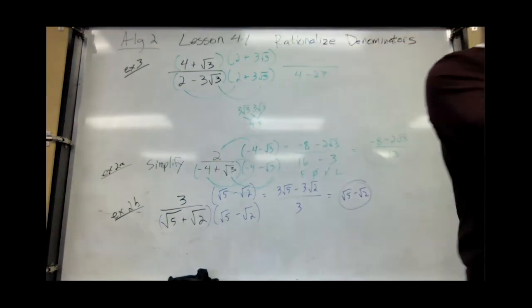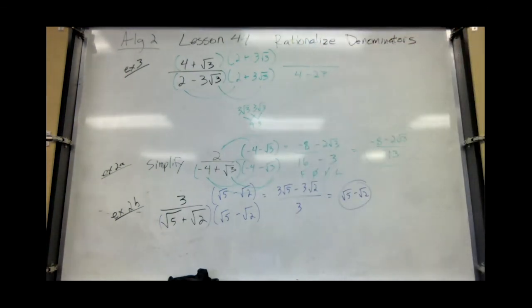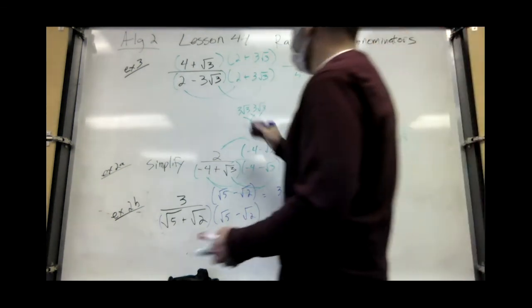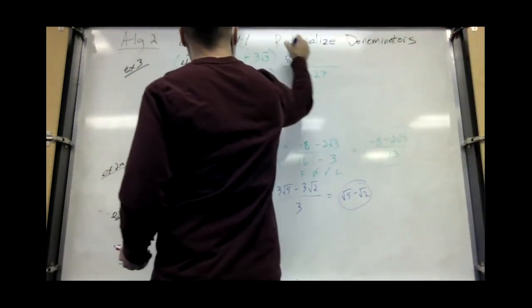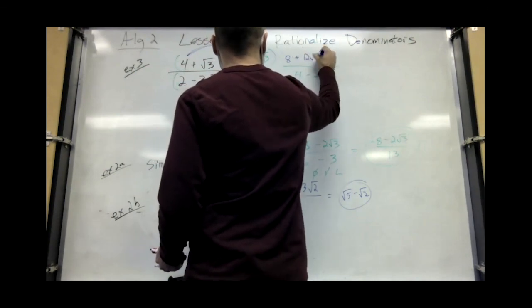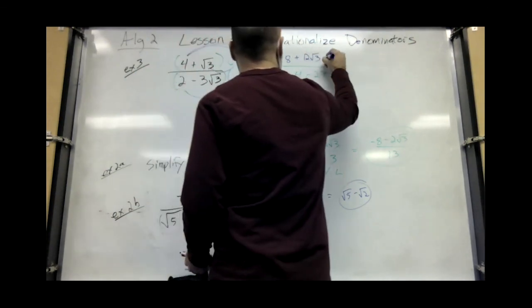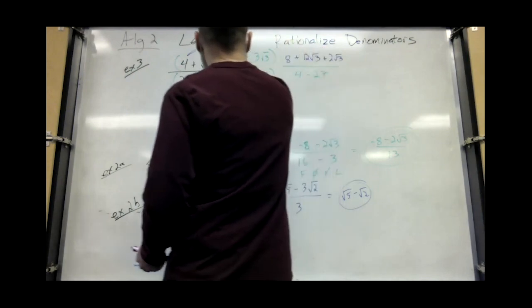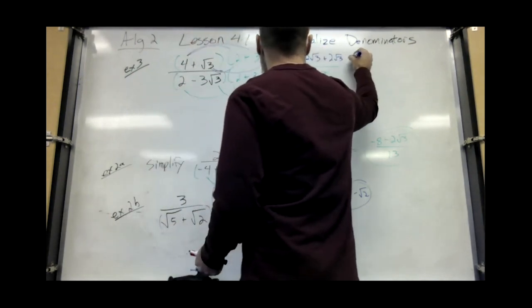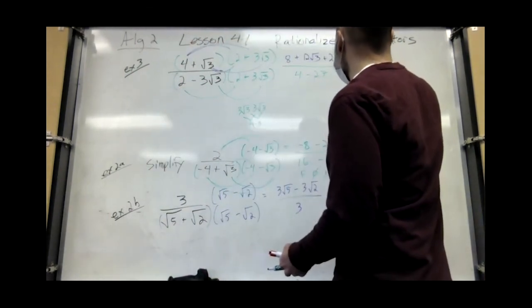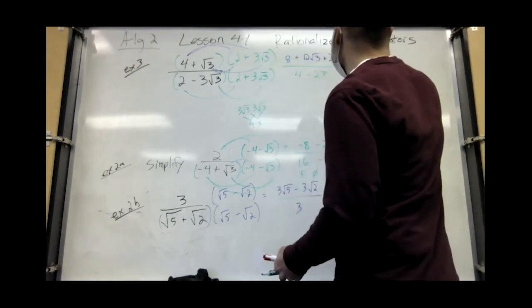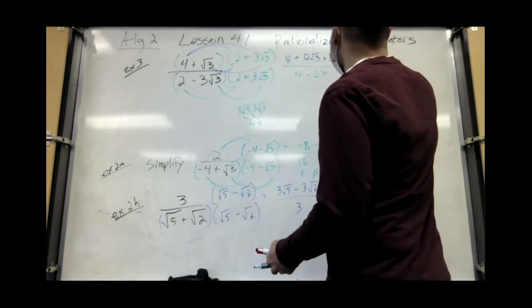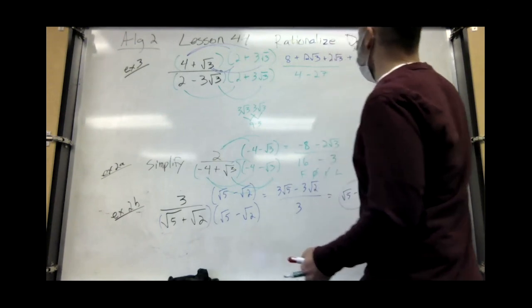You guys see that? Okay, let's FOIL the top. 8 plus 12 radical 3 plus 2 radical 3. Do you see where I'm getting these? Plus 3 radical 9. So 3 times 3 is 9, right? Because that's 3 radical 3 times radical 3.